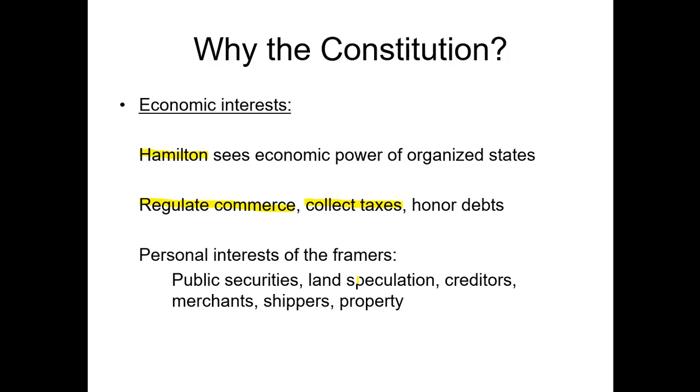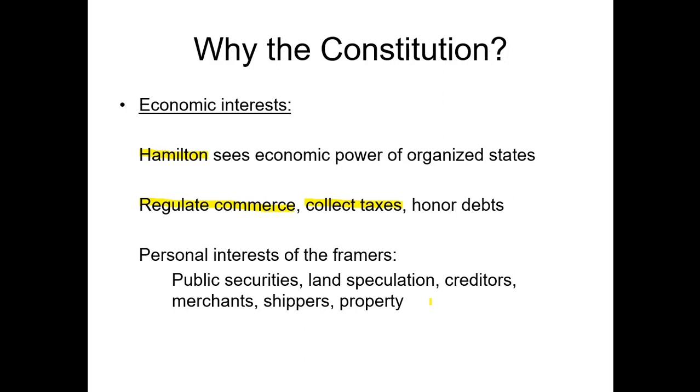There were quite a few landowners, creditors, merchants, shippers, property owners that clearly had their own self-interest in mind. All 55 of the white men who attended the Constitutional Convention at one time or another were relatively wealthy men, comparatively speaking.